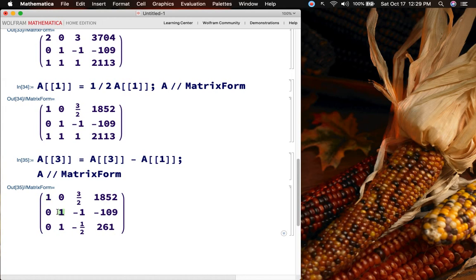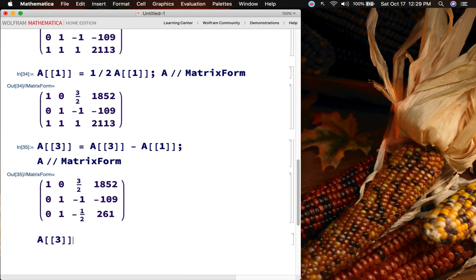Second row, second column, a 1. Third row, third column, a 1. Okay, so let's try it again. We're going to have to change the third row. I'm going to subtract from every number in the third row the corresponding number in the second row.